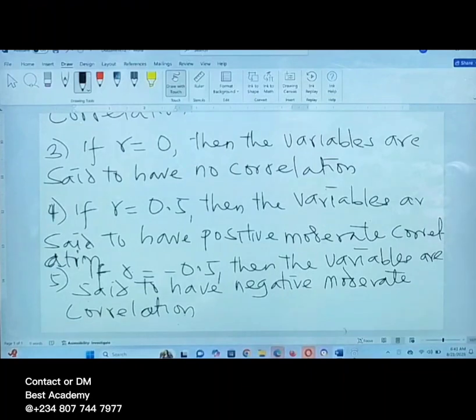Now let's take the next one, 6. I'm going to interpret this in simpler terms, but let's just take the notes first.